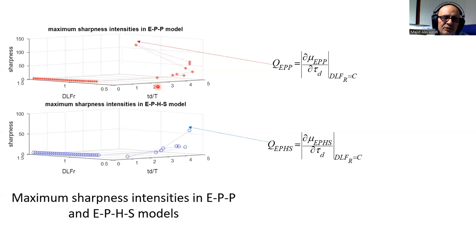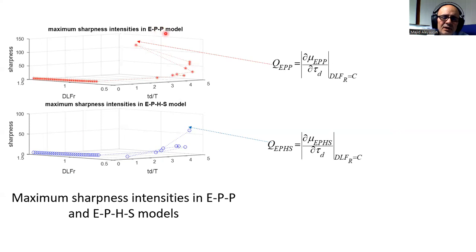I picked up the maximum sharpnesses in each load, and I see all the sharpnesses gathered here. The maximum occurs here. There is no other sharpness bigger than this. The others are just the natural growth of the response, but this one's growth is unusual, related to resonance.